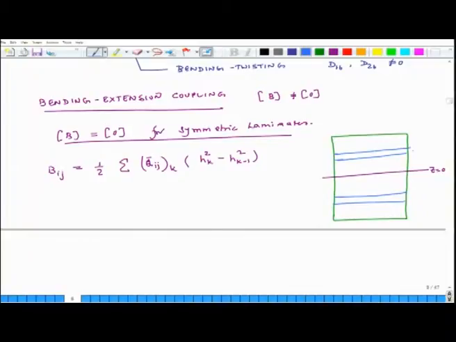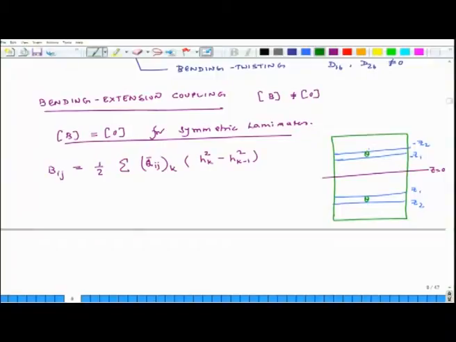So, let us say the coordinates of the bottom layer are z1 and z2. Then the coordinates of the top layer will be minus z1 and minus z2. And because the laminate is symmetric, the orientation of this layer is theta and the orientation of this layer is also theta.